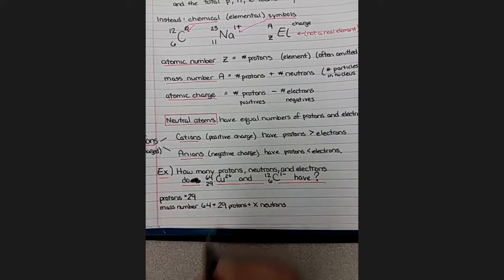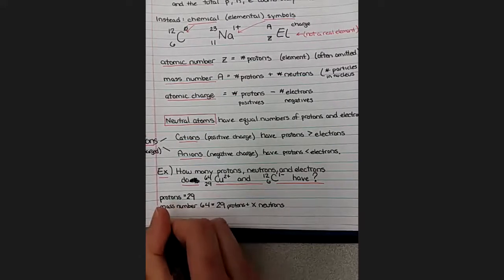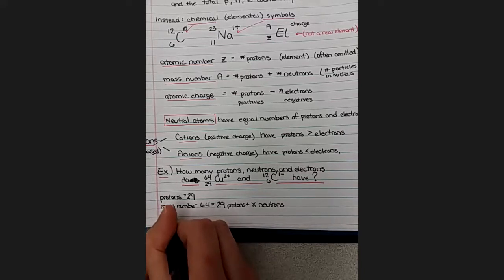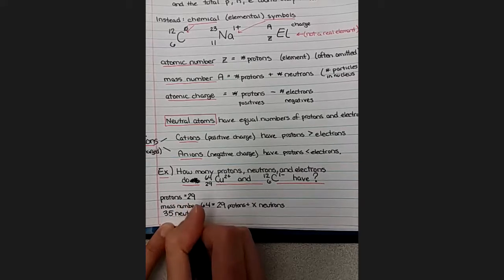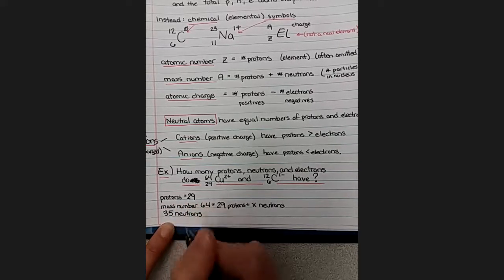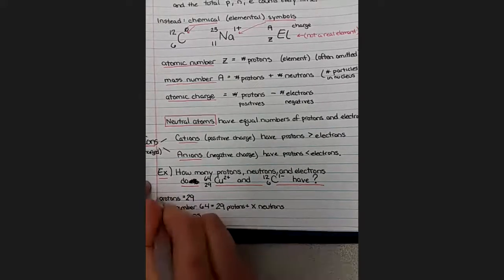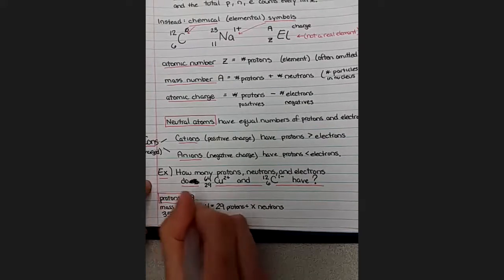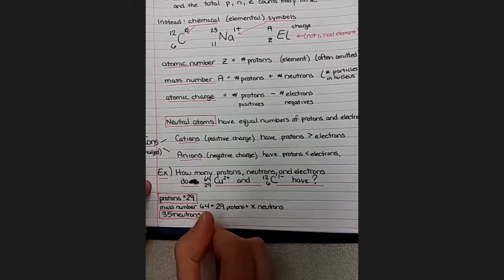And we can do 64 minus 29, and that should give us 35 neutrons. Okay, this is going to get sloppy, so we're going to start using boxes. So 29 protons for copper, 35 neutrons for copper.